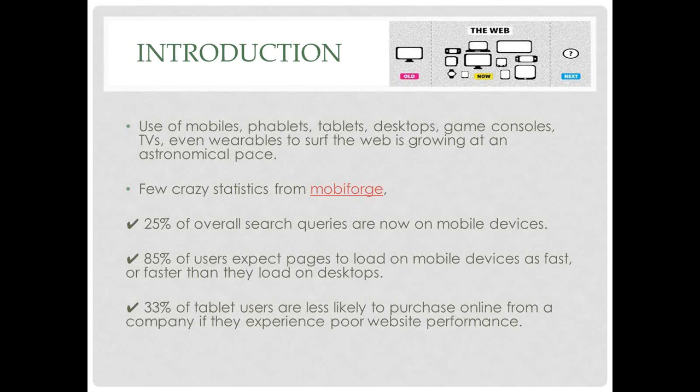So let me go through a glimpse of a few crazy statistics from MobiForge to understand the problem statement better. 25% of overall search queries are now on mobile devices. 85% of users expect pages to load on mobile devices as fast as or faster than they load on desktops. 33% of tablet users are less likely to purchase online from a company if they experience poor website performance.